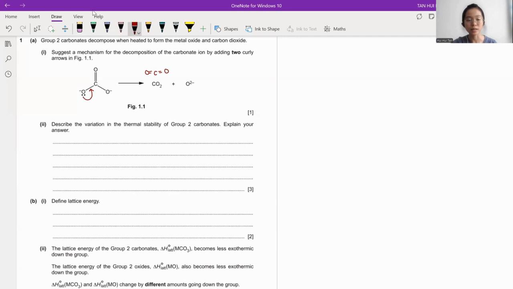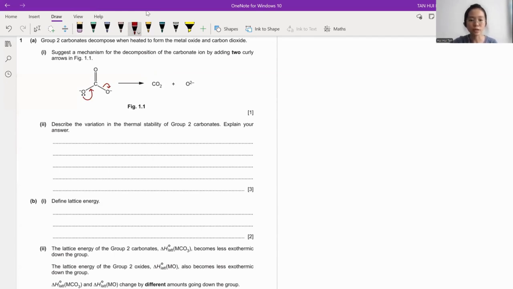And since now the carbon becomes partial negative, it will then donate its negative charge to form this double bond. Then this O minus will become an isolated O2 minus. So for the answer, you should just include these two curly arrows, and that's enough.